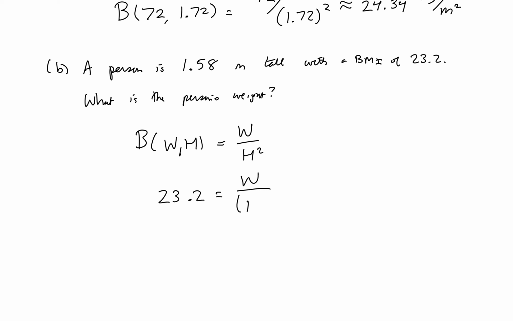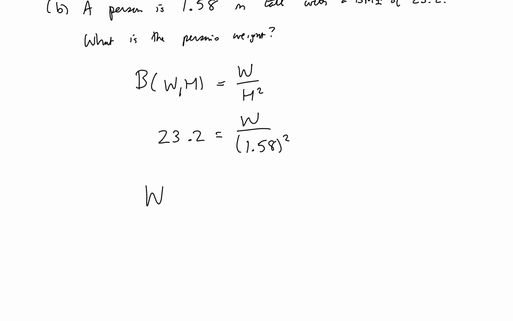I don't know the weight, and I know this is 1.58 squared. So we solve this for W, and we have 23.2 times 1.58 squared, and this is about 57.92 kilograms.